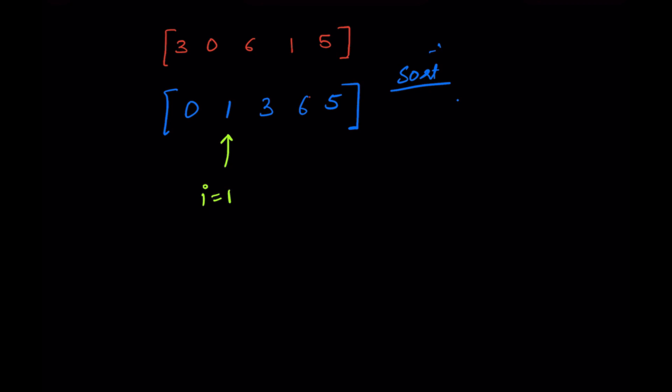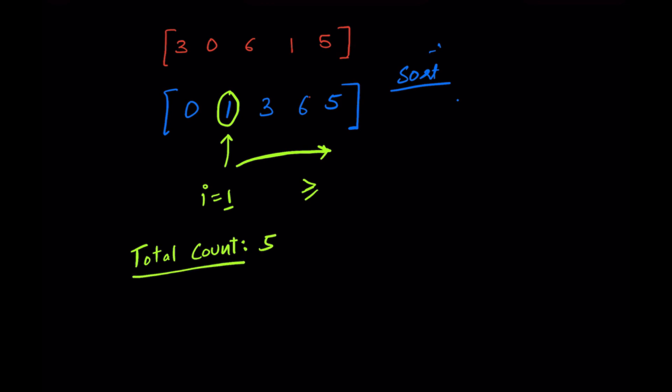With i equal to 1, the corresponding value is 1. It means that paper received 1 citation. Now I know all of the elements to the right side of this element will have at least 1 citation. And because we know the total number of papers in the collection, we can easily calculate how many elements there are to the right side of i.